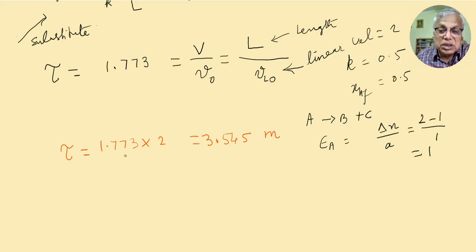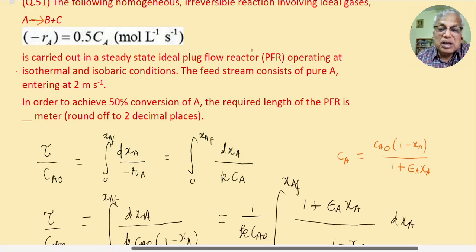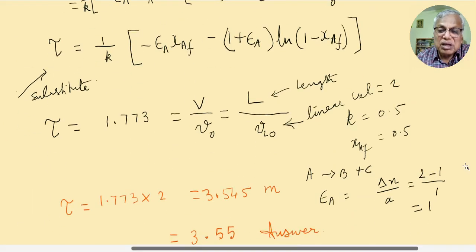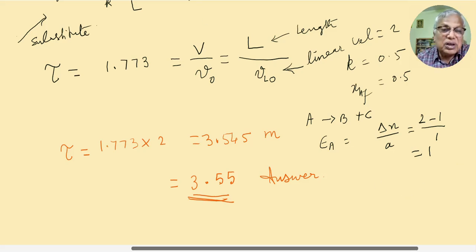The question asks for two decimals in meter, so correct to two decimals it is 3.55. So this is the answer, the length of the PFR in meter up to 2 decimal places, 3.55.